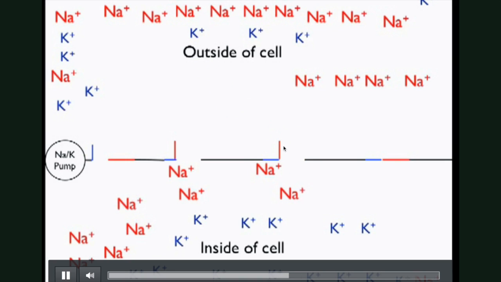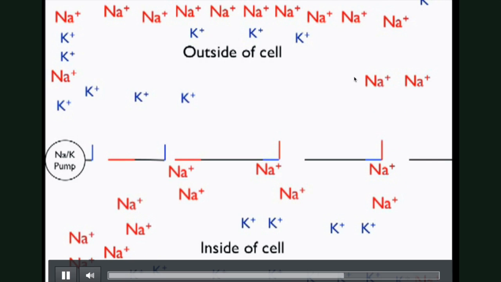So the sodium is coming in, depolarizing this part of the cell, while this sodium channel closes and this potassium channel opens, so this part of the membrane is now in repolarization. And then over here we're having depolarization as sodium enters. Potassium is going to leave, at least potassium channels are going to be open again.